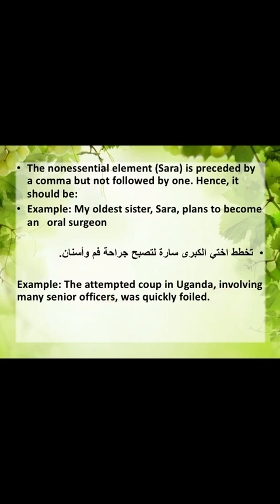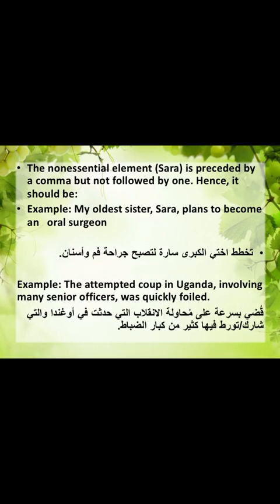And the translation is قضي بسرعة على محاولة الانقلاب التي حدثت في أوغندا والتي شارك أو والتي تورط فيها كثير من كبار الضباط. فتلاحظون أنه non-essential element, extra information, الفاصلة ترجمت إلى والتي. بدينا جملتنا بالفعل، وكملناها، وبعدين نكمل مع الإكسترا انفورميشن، فترجمناها بهالشكل، والتي شارك أو تورط فيها. ما خليت أي فواصل بالجملة العربية.